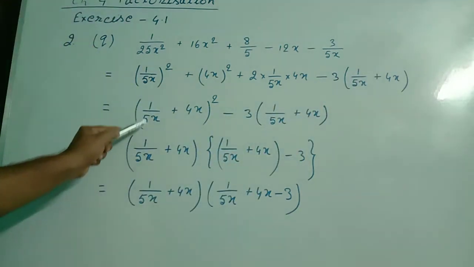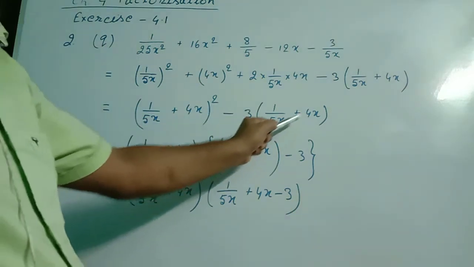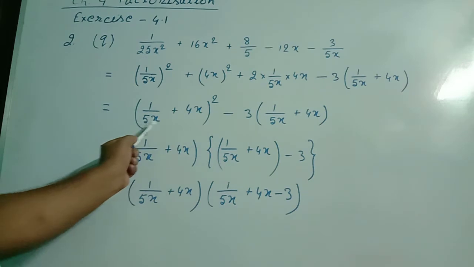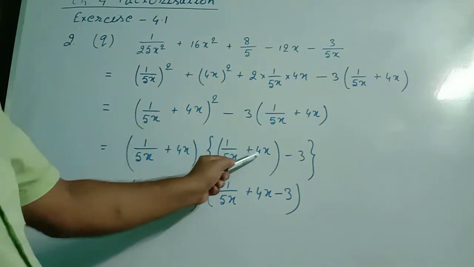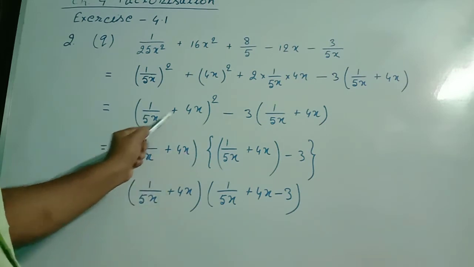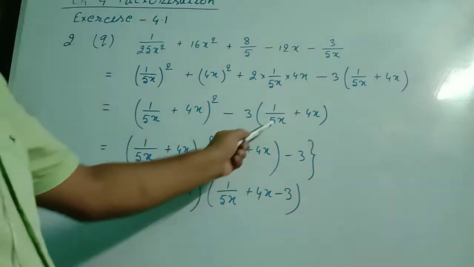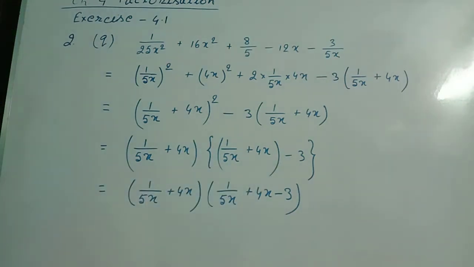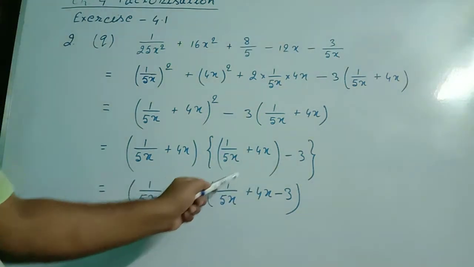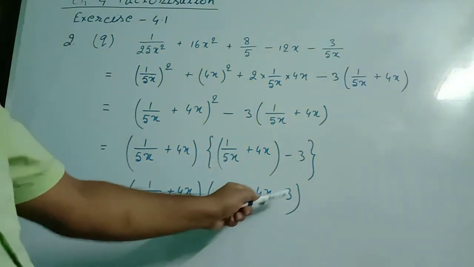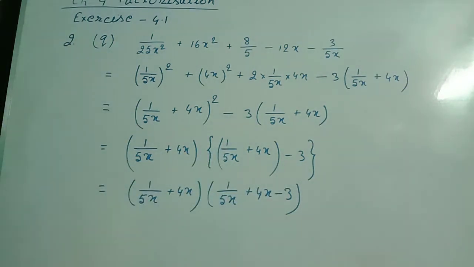So what is 1 by 5x plus 4x? It is common, so I took it common. Now at this place 1 by 5x plus 4x is left, because if you multiply these two terms, again you will get back 1 by 5x plus 4x whole square, and this came out, so inside the bracket minus 3 is left. In the last step I omitted this bracket and I wrote 1 by 5x plus 4x into 1 by 5x plus 4x minus 3. This became the answer.